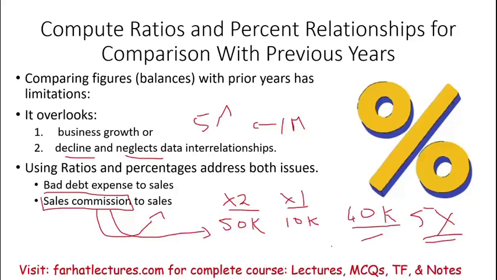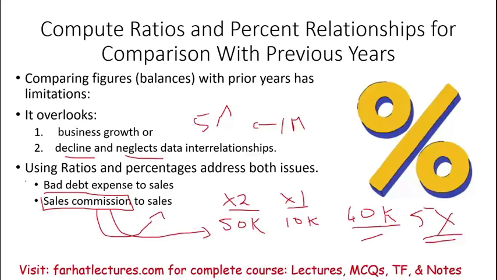But when you look at it in terms of sales commission to sales, yes, sales commission did go up. That's fine. Did sales go up as well by the same or a similar percentage? Now, if sales only went up 3 times to 3 million, then you might say, hold on a second, are we spending more now? Maybe the company might say, we're trying to increase our sales, so we're paying more commission. That's fine. That could be a plausible explanation. But the point is, you have to know the relationship between the ratios.